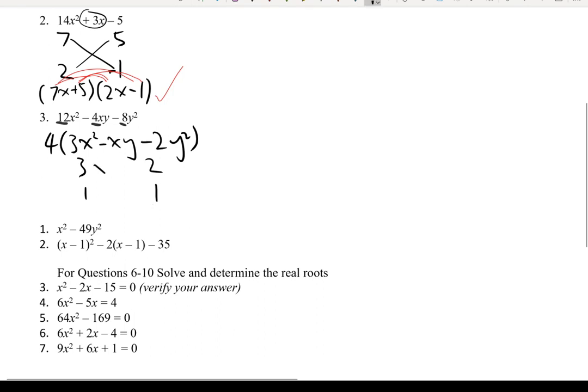So this is going to be minus 3 and then plus 2, which will give us minus 1 in the middle. There's minus 1 right here. So this becomes 3x plus 2y, and then this will be x minus y.